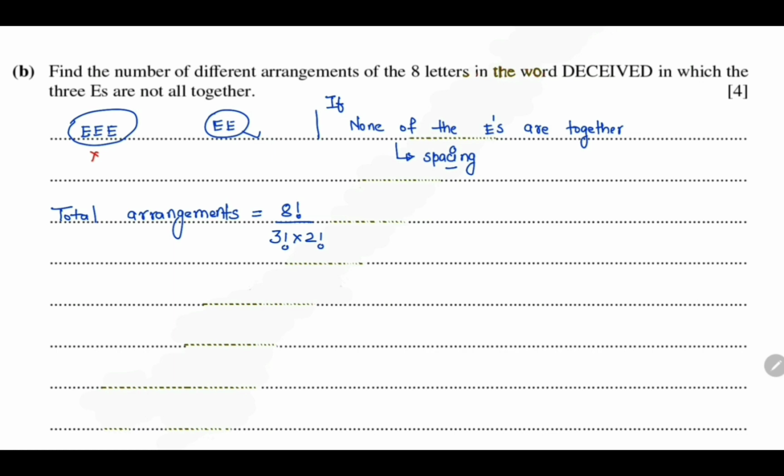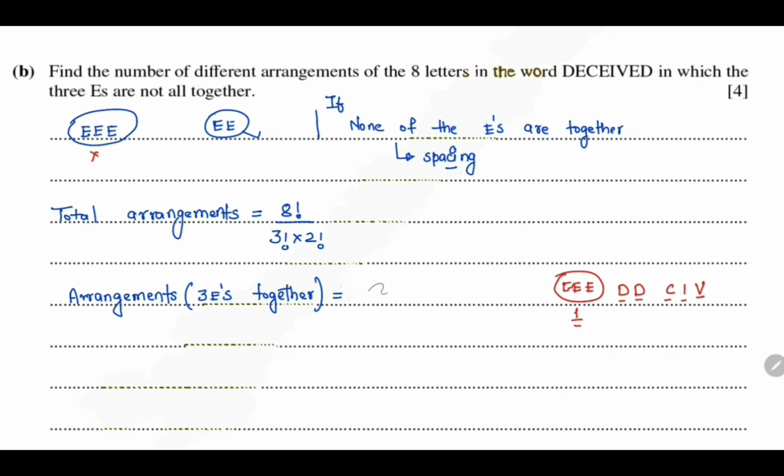Now if I have to find the number of arrangements with 3 E's together, see, if 3 E's are together, I can take them as one object, so along with 2 D's and C, I, V, the total number of objects is 1, 2, 3, 4, 5 and finally 6.